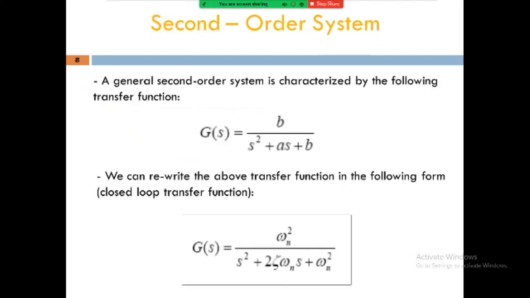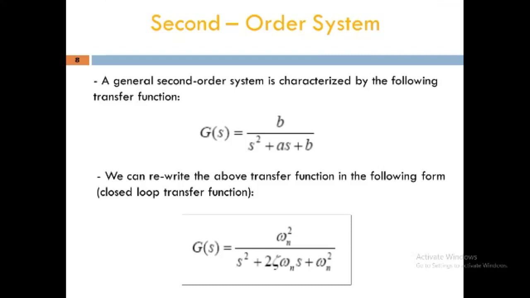See this, a general second order system is characterized by the following transfer function: G of S is equal to B upon S square plus AS plus B. Now we are going to rewrite the same transfer function in another way, that is G of S is equal to omega n square upon S square plus 2 sigma omega n S plus omega n square.